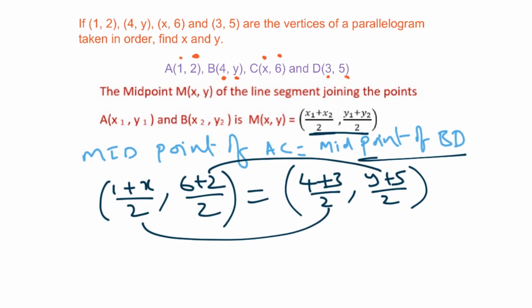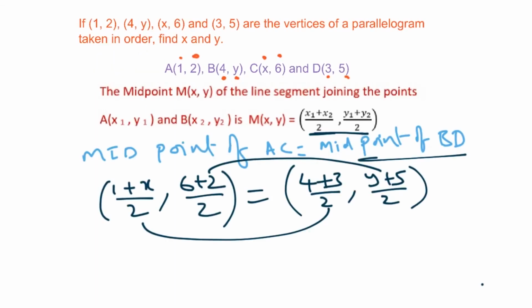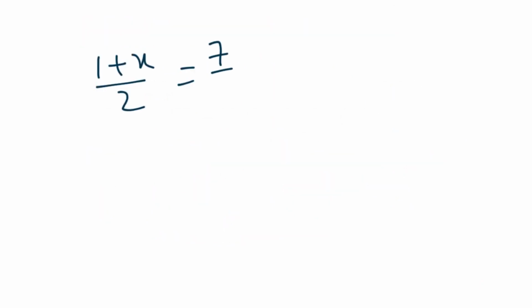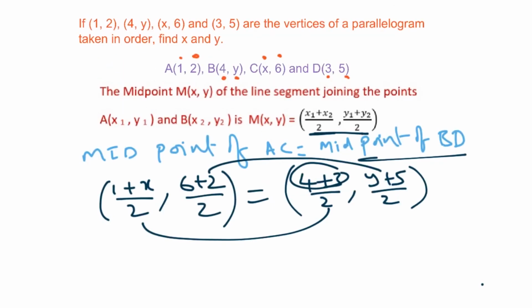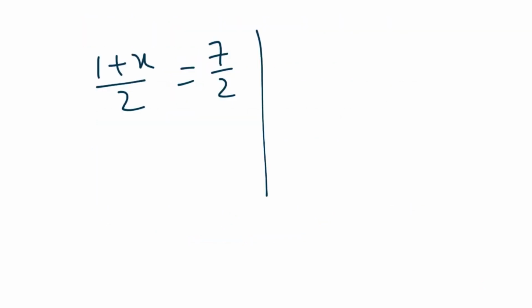So here (1 plus x) by 2 is equal to the x coordinate, which is 4 plus 3 is 7 by 2, and (6 plus 2) is 8 by 2 is equal to (y plus 5) by 2.